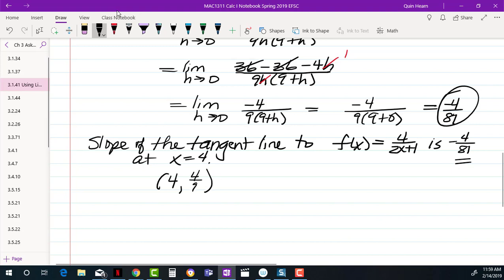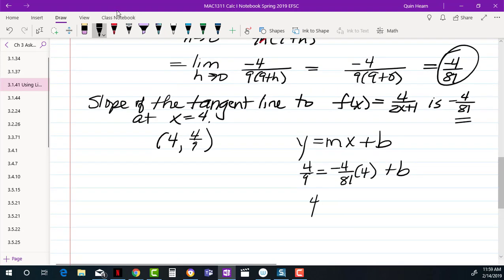My favorite way to find the equation of a line when I have a point and a slope is to use y equals mx plus b. You could also use the point slope form of a line. But doing it this way, you're going to have 4/9 equals negative 4 over 81 times x, which is 4, plus b. So the only variable you're missing is the b, so we can solve for that.